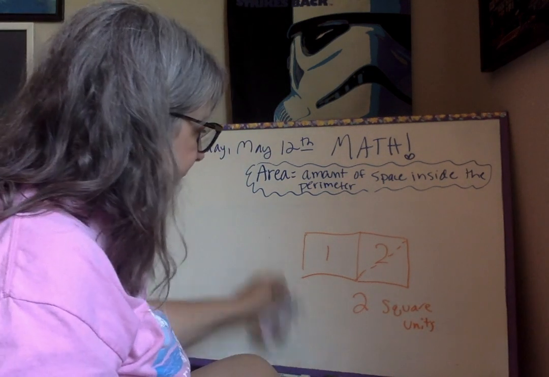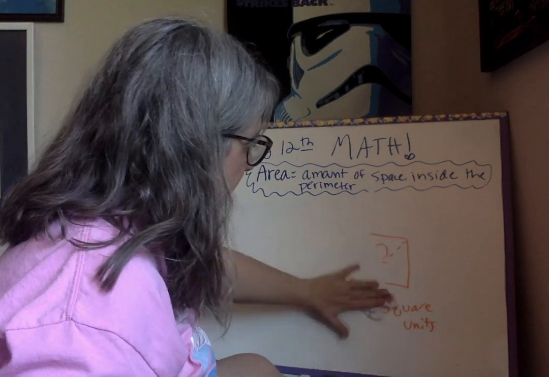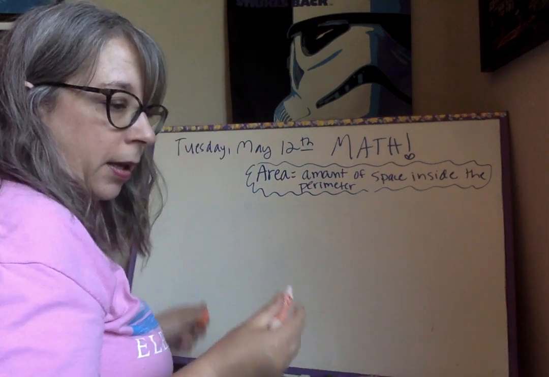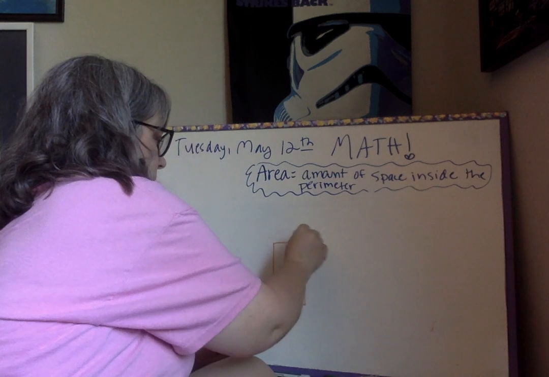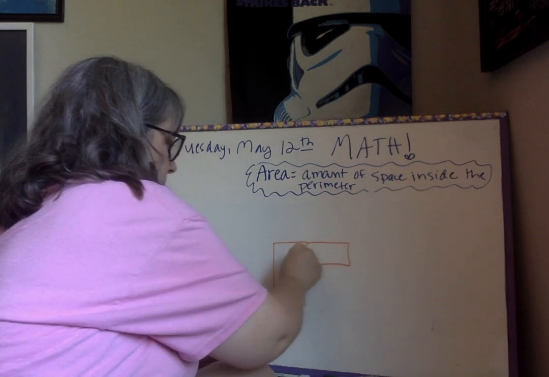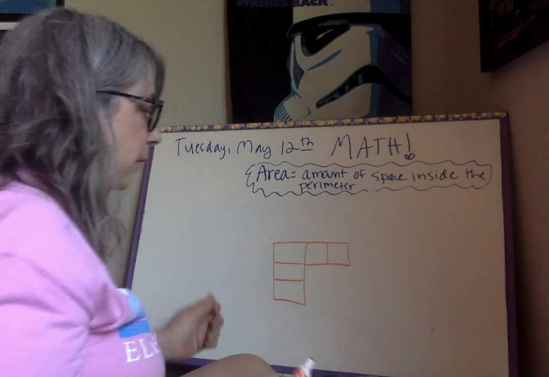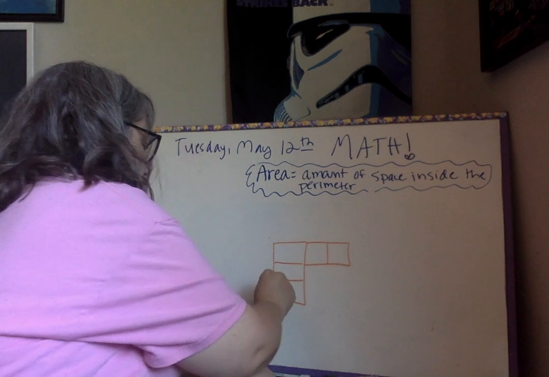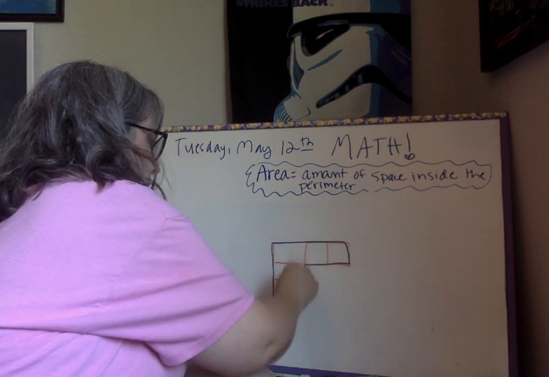All right, let's try another one. Try not to mess up our board. How many square units do we have here? So remember, here's our perimeter. We can figure out perimeter with our squares.